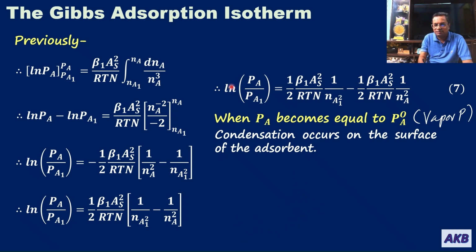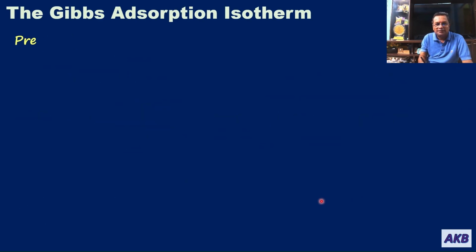So equation 7, ln of Pa by Pa1 plus I am adding the term ln of Pa upon Pa naught in order to have Pa naught in the equation and get it in a proper form. Since I am adding it on the left side, I will also have to add it on the other side.